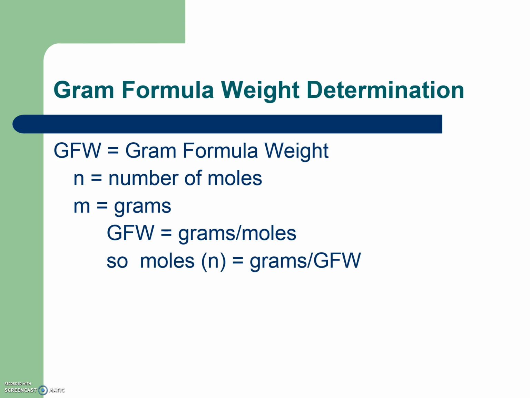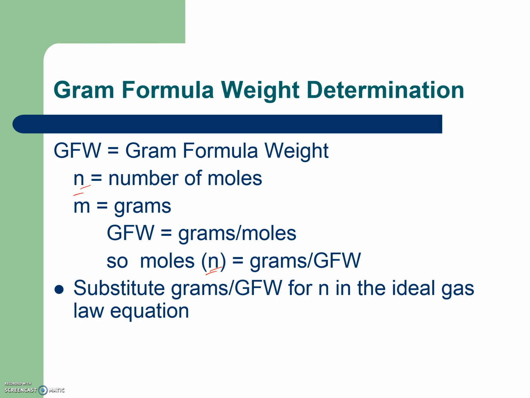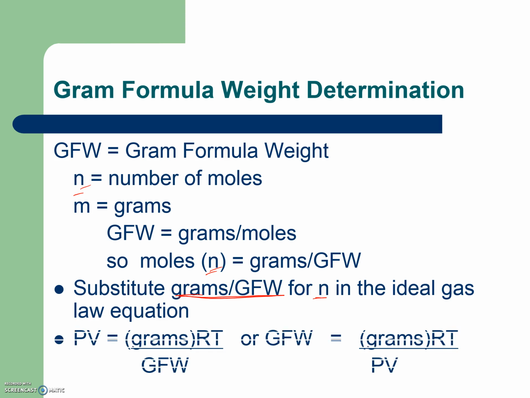So if we solve for moles, which is our variable N, by rearranging this equation, it's grams divided by gram formula weight. If I substitute grams over gram formula weight for N in the ideal gas law, so where I had N, PV equals nRT, instead of N I put in grams over gram formula weight, and then I'm going to rearrange it and solve for gram formula weight.